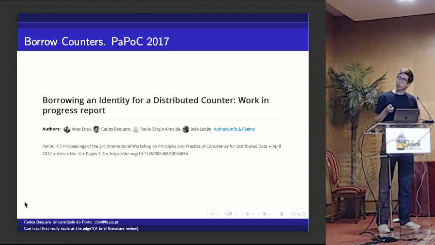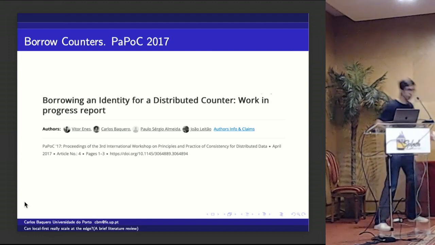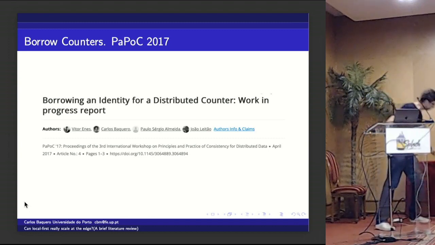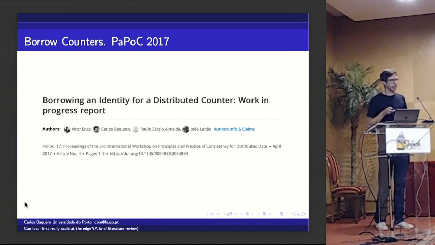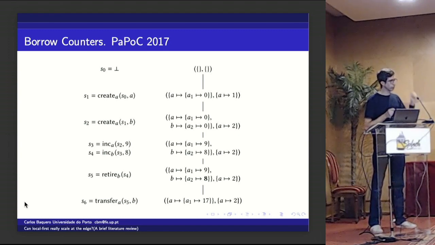Now, we did even a different thing in 2017 called borrow counters. It works for counters, probably not for add-wins CRDTs. And basically, it's kind of the referee idea. We have a difference between permanent nodes and transient nodes. In the permanent nodes, you create an entry that you will assign to the transient node, the transient node will do counts over there.